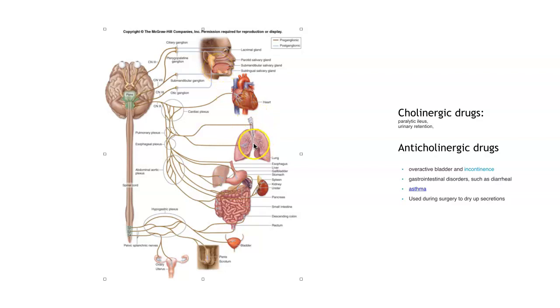They want to dry up the secretions in your air tubes. So just some things to be aware of. Cholinergics are going to mimic the actions of acetylcholine on the target organs. Anticholinergics are going to inhibit the action of acetylcholine on the target organs.